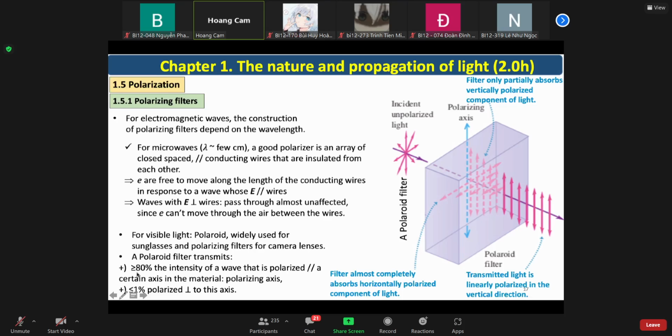So here it can pass less than 80% of the intensity of the wave that is polarized along the polarizing axis, and the one perpendicular to this polarizing axis will be absorbed. Only smaller than 1% can pass if it is perpendicular to this axis.